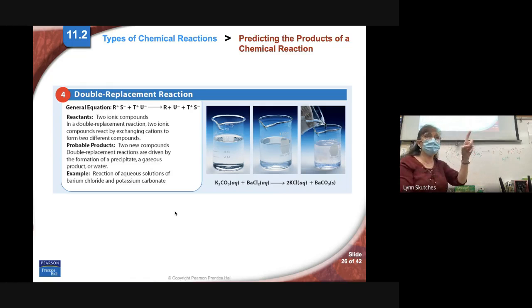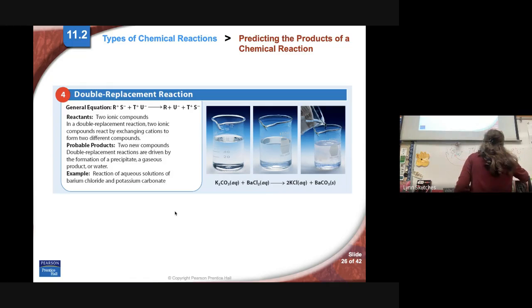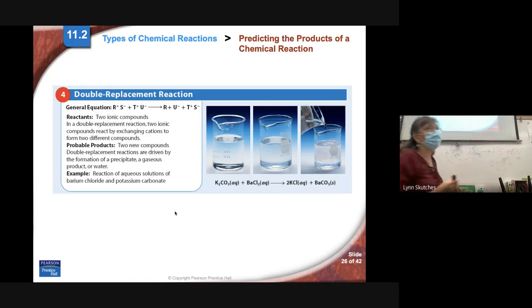It's +1 potassium, -1 chlorine, and then it's 2 of them. And then the barium and the carbonate go together 1 to 1. So the only place that you need a coefficient in this reaction is in front of the potassium chloride, but it was indicated with the subscripts on the formulas.